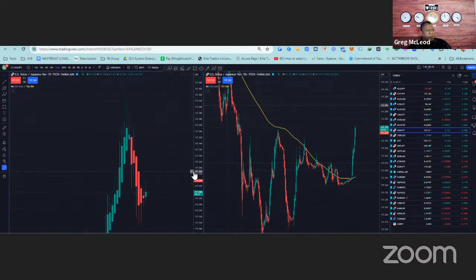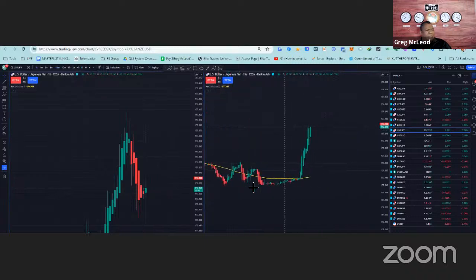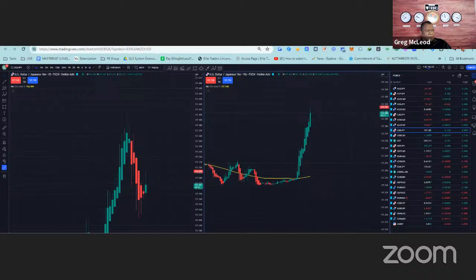Okay, we're just getting started. Yeah, pullback though. This is all green. We want to get some type of a pullback so we can get into it. Wow, it's really taking off there.